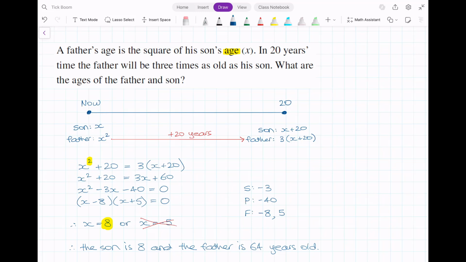Once you've got your equation here, it then just becomes a matter of working through the mechanics of solving a quadratic and then just being really careful to cross out the solution that doesn't make sense in the context of the question. So hopefully you've been able to follow along with that and it all makes sense, and now this is something you feel more confident being able to do yourself if you had to.